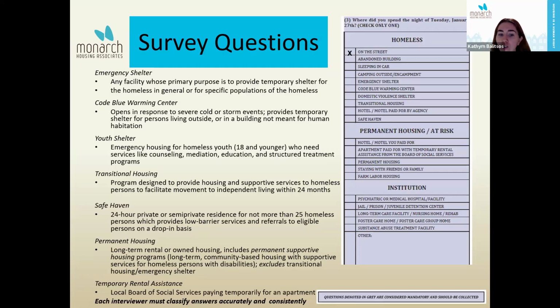If it's more of an institution, like a treatment facility, then you'd check off institution, substance abuse treatment facility.